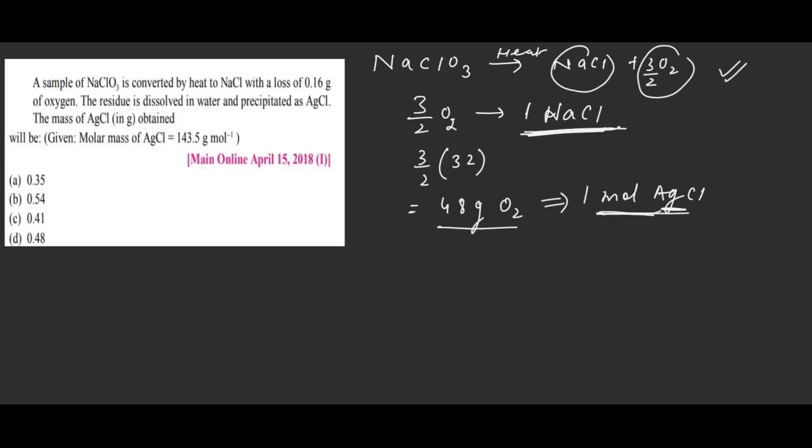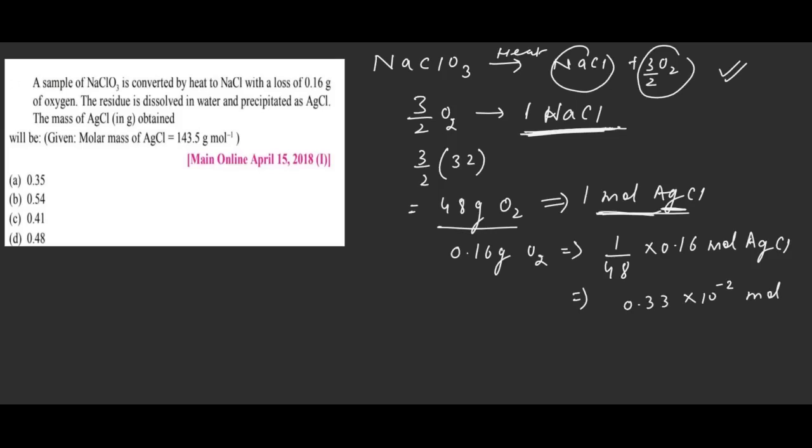Okay, so when 48 grams of oxygen leads to 1 mole of AgCl, 0.16 grams of oxygen will lead to 1 upon 48 into 0.16 moles of AgCl. Okay, so when I solve, I will be getting 0.33 into 10 raised to the power minus 2 moles of AgCl.